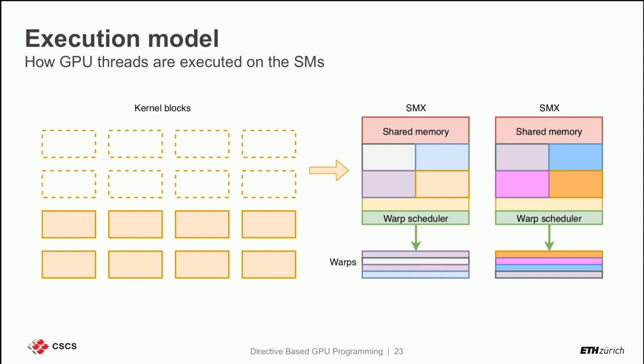Now, an important thing here is that all of these blocks share the register file. They partition the register file, and each one has its own portion of it. So when they are moved there, each one has its own registers. On the CPU, it's not like that.